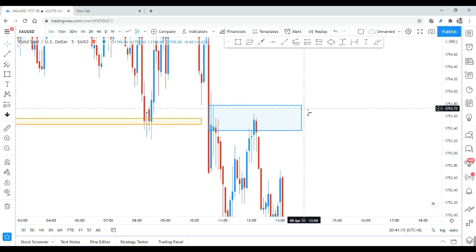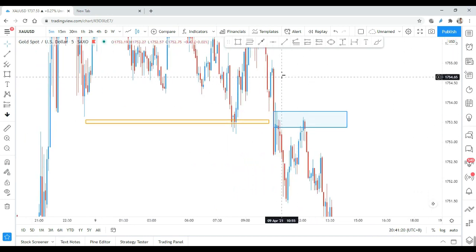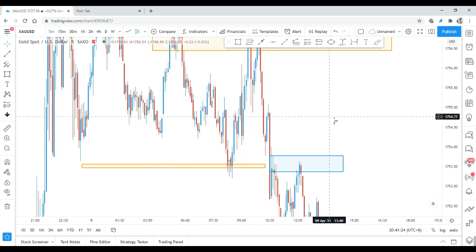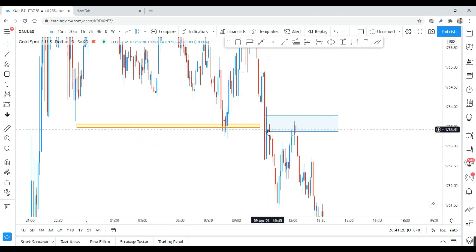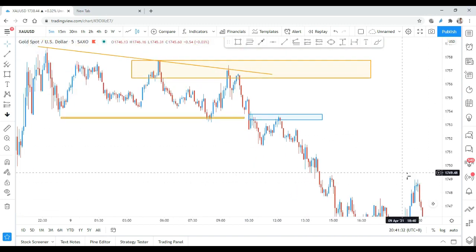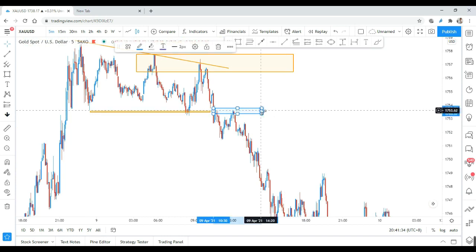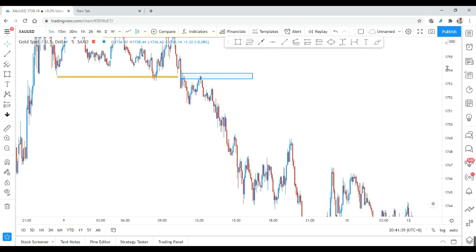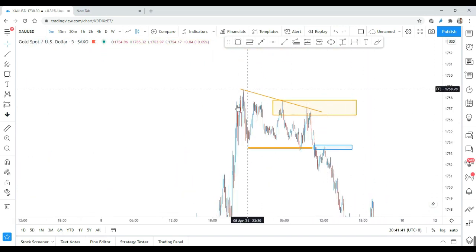When the price breaks the previous low in this kind of structure, it will form a drop base drop. The price will come back and retest before the ultimate drop. Can you see it? This is how you trade this kind of structure.